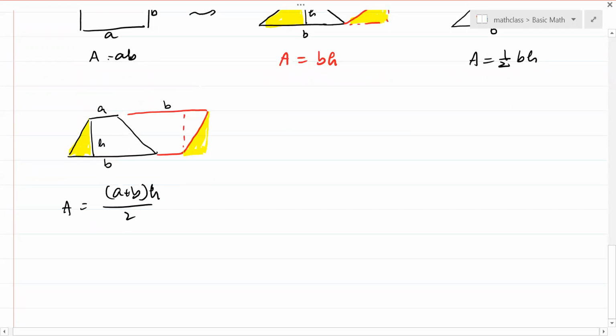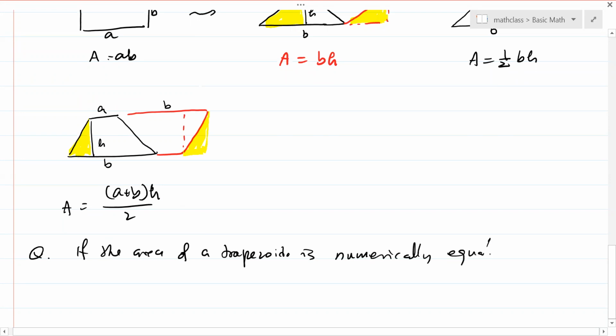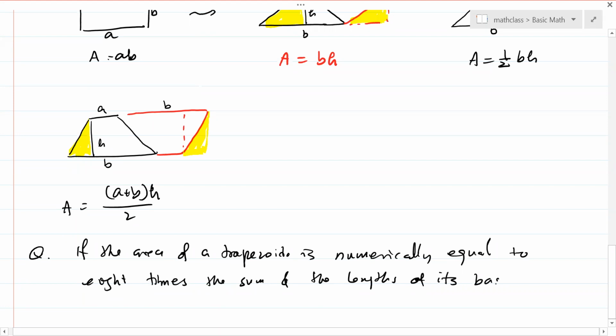All right. So you have to know the formula first, right? So the question here is, if the area of a trapezoid, okay, numerically, forget the unit, okay, is equal to 8 times the sum of the lengths of its bases.